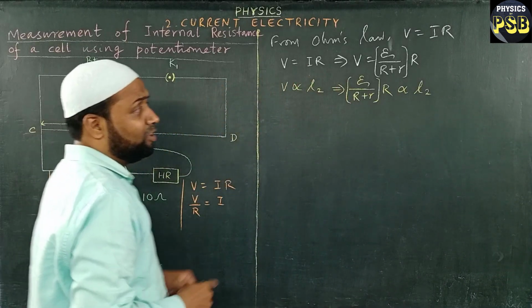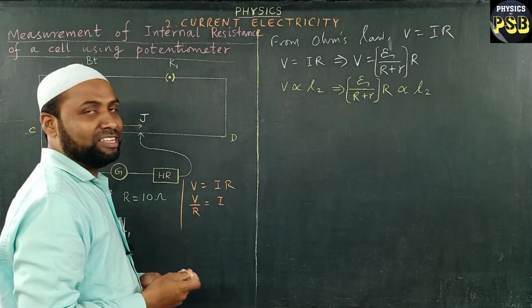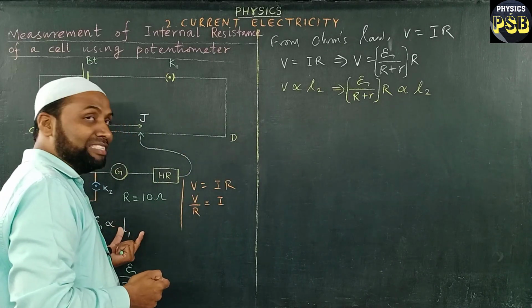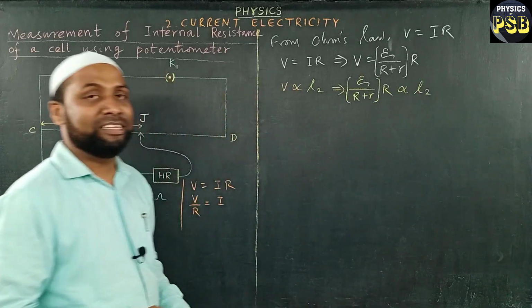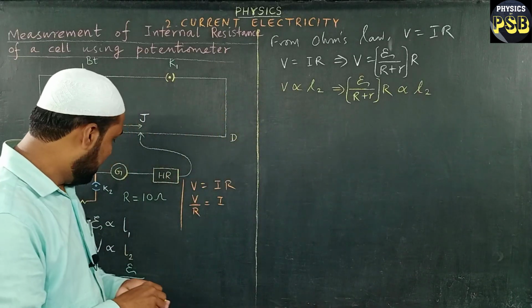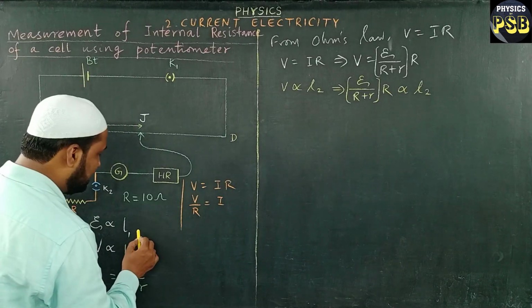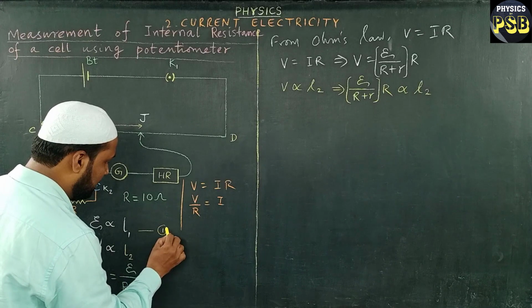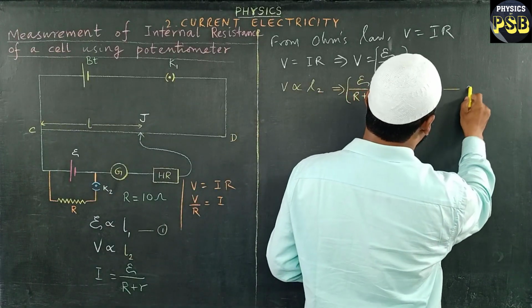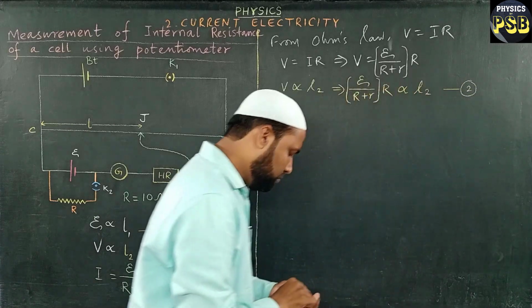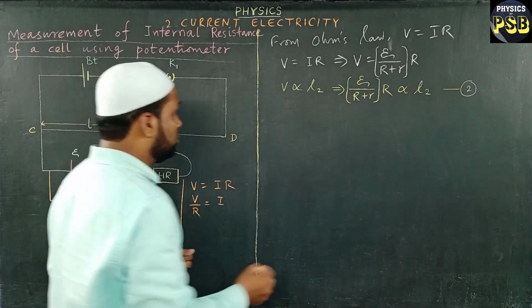Now, we have two expressions for balancing length. This one is L1 and this is another expression. I take this as equation 1 and this one as equation 2. Now I take equation 1.